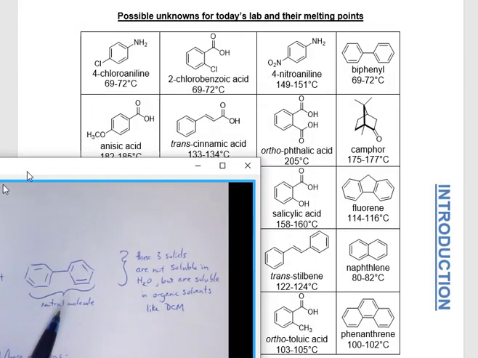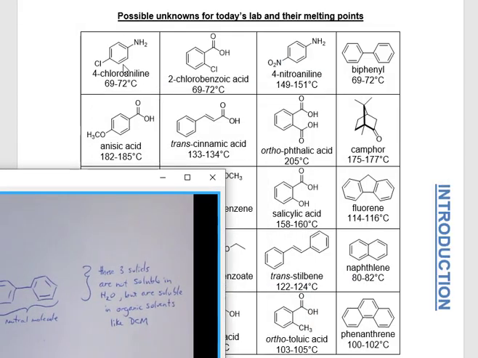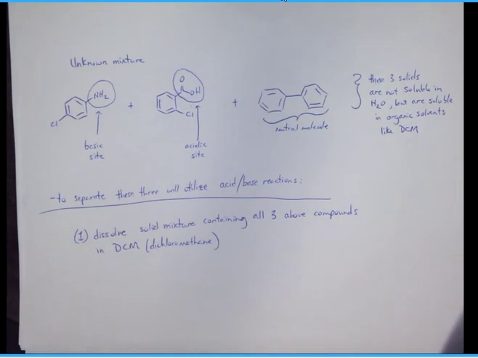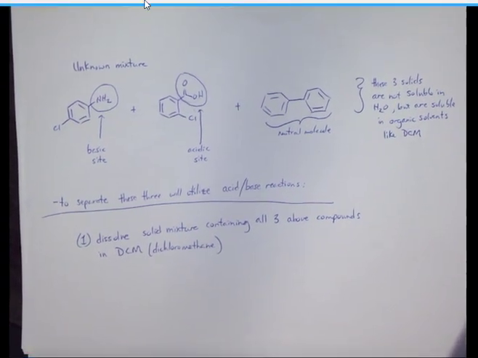Yes, in case you're wondering, I just took top row, top row, top row. None of you will have an unknown mixture with three different types of compounds in it. It's only going to have two. But I wanted you to see what happens to each one of these as a separation takes place via our extraction method.